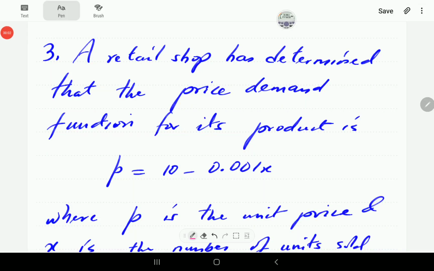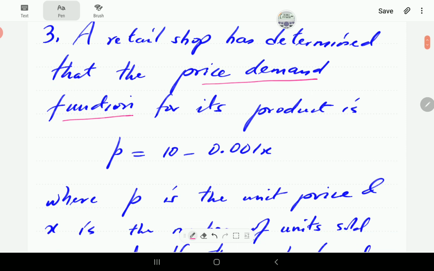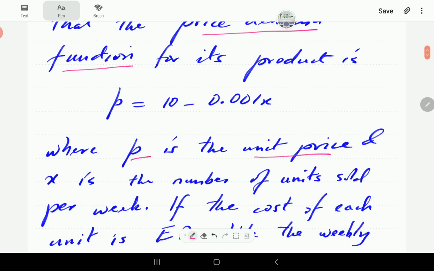Right, in this example, we are told that a retail shop has determined that the price demand function for its product, so the shop is just selling one product, is P equals 10 minus 0.001x, where P is the unit selling price for its product and X is the number of units sold per week.